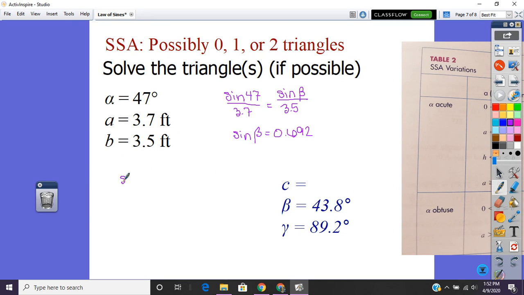Once again, I'm going to set up my baseline proportion, which is sine 47 over 3.7, and then I'm going to set up sine of 89.2 over C. If I have my exact value of this in the calculator, I'm going to keep that there. That would be much more handy.